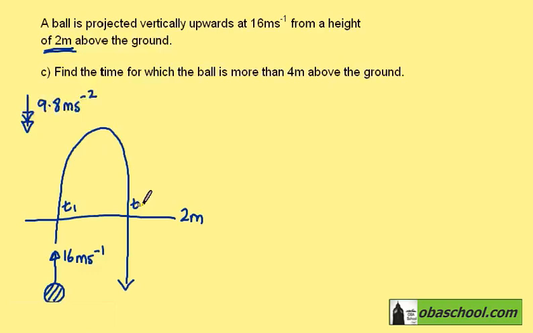Clearly, it will go through this height at 2 times, t1 and t2, where t2 is the time on the way down and t1 is the time on the way up. The difference between these two times will be the time for which the object is above 2 meters from its point of projection, or 4 meters from the ground.